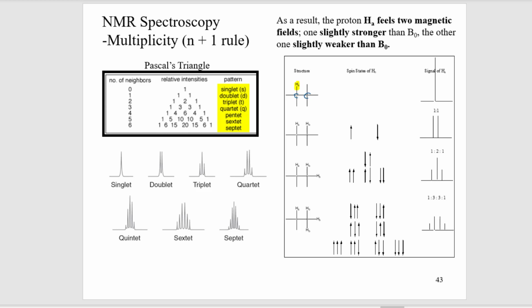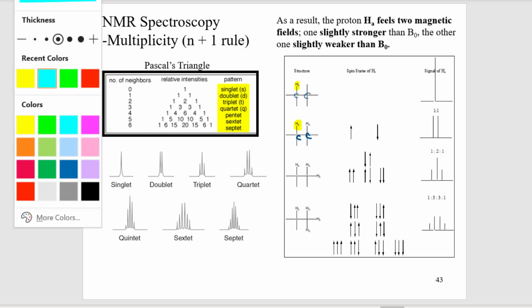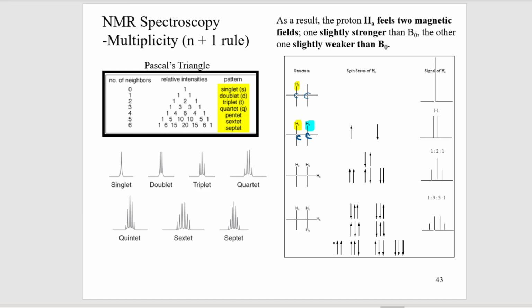If HA, though, is on a carbon, and in the carbon house next door, there's a different hydrogen, HB, how could HA align with HB? Well, there are 2 possibilities of equal statistics. It could be aligned with or against. That's what the arrows are showing: alignment with or against the magnet.